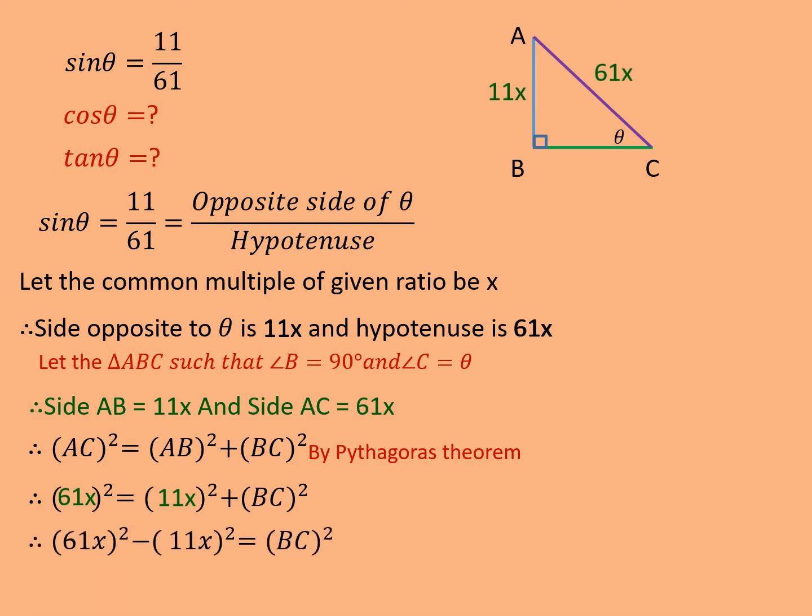When I further simplify, I get (61x) whole square minus (11x) square equals BC whole square. The 11x square which was on the right side is transferred to the left side.